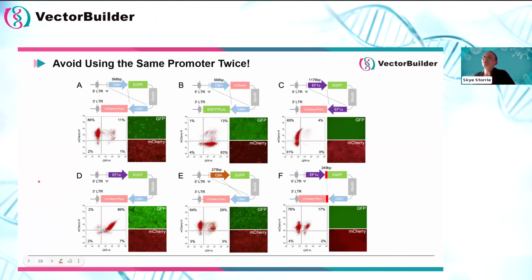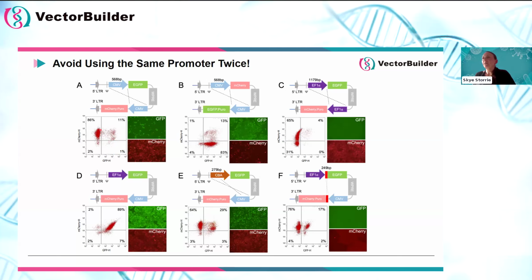If we take a look at some of our internal data, we designed constructs where we have two separate fluorescent proteins driven by two separate promoters. In the top row, we've used the same promoters. You can see here for A that this has actually led to recombination. If we look at the bottom panel, which is our EGFP, our upstream ORF, we've basically completely lost expression.